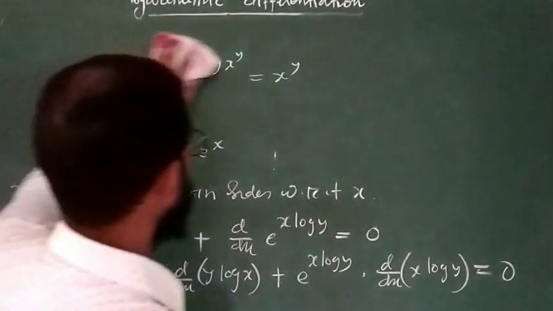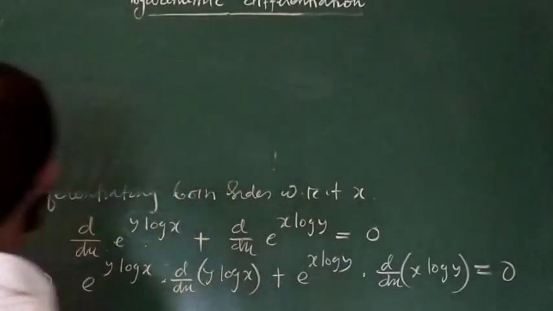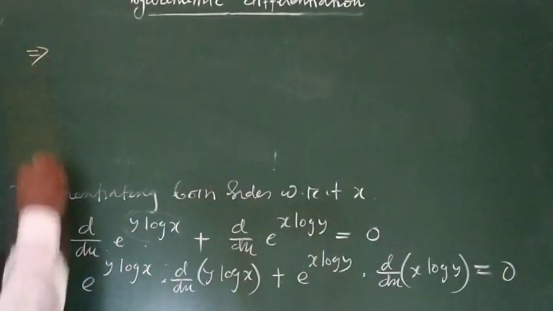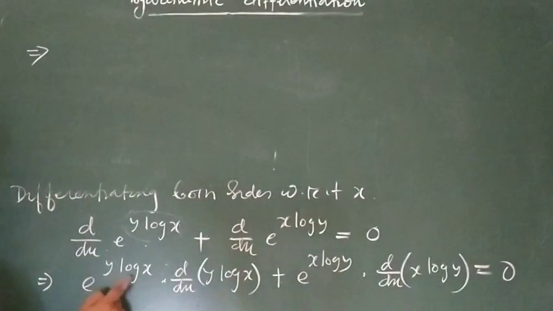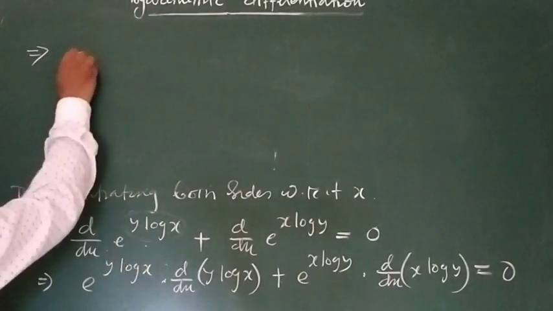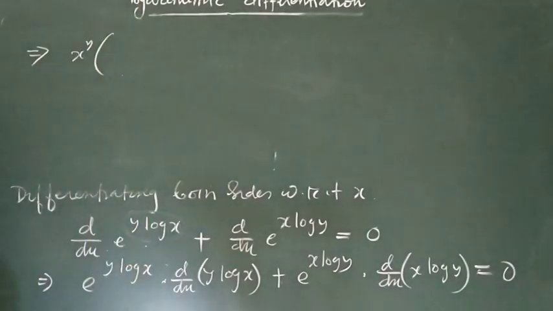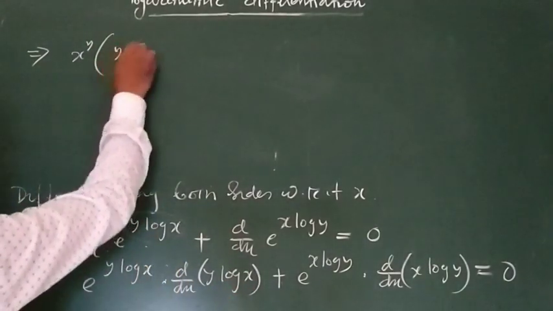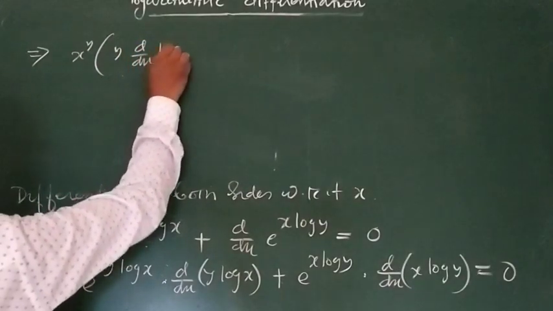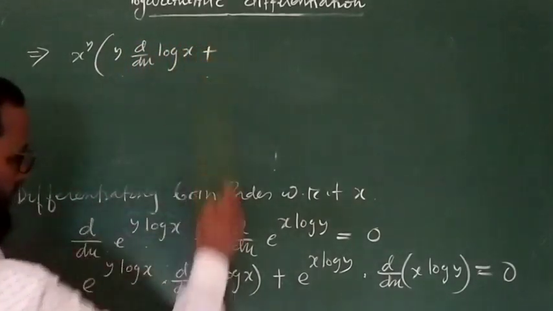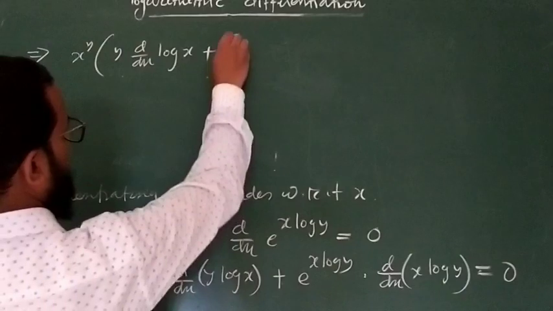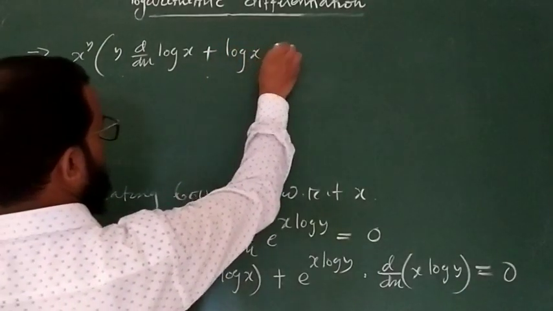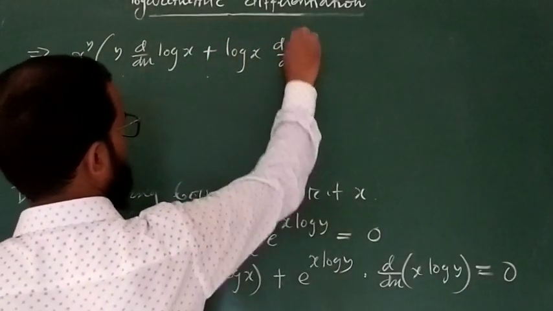So the next step we will write: this is x to the power y into, there are two functions, this is u, this is v, use the product rule, y into d/dx of log x plus log x into d/dx of y. Log x into d/dx of y means dy by dx.